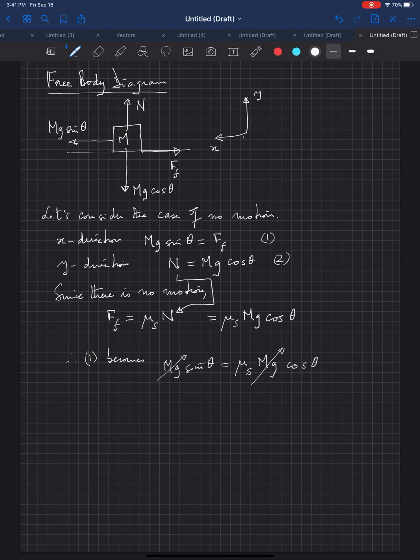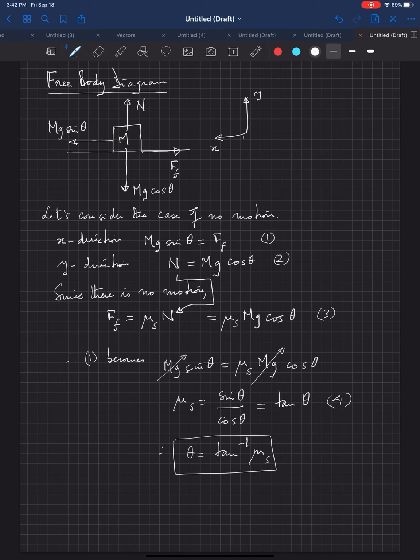So what's remaining is that mu s is equal to sine theta over cosine theta, and sine theta over cosine theta is tan theta. Let me call this equation 4. And therefore, I can say that theta is arctan mu s. I'm going to put this in the box.